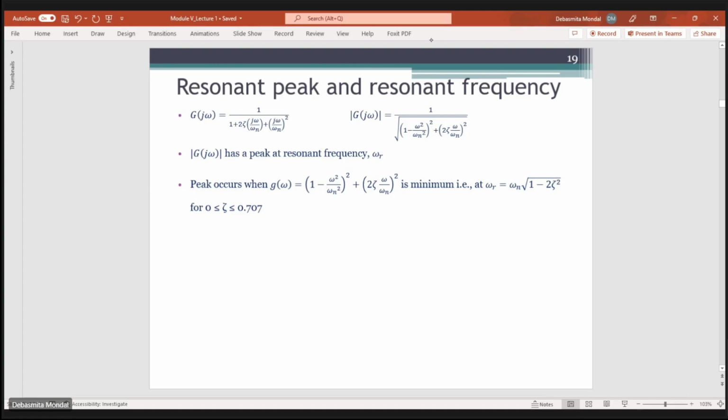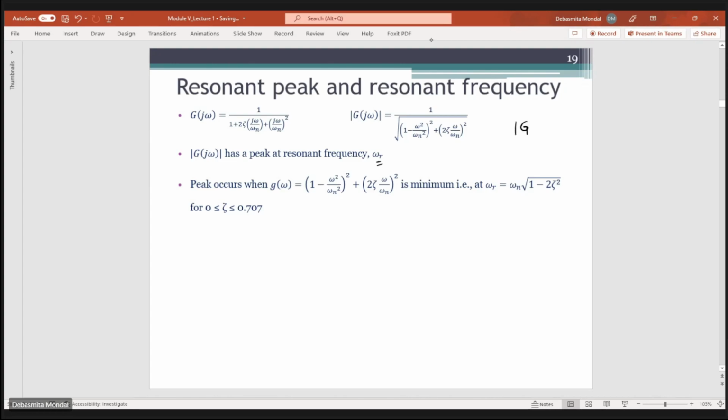And we have seen that G(jω) has a peak. The frequency at which this peak occurs is known as the resonant frequency, given by ωr. From this figure you can understand that a peak means the value of G(jω) will be maximum.